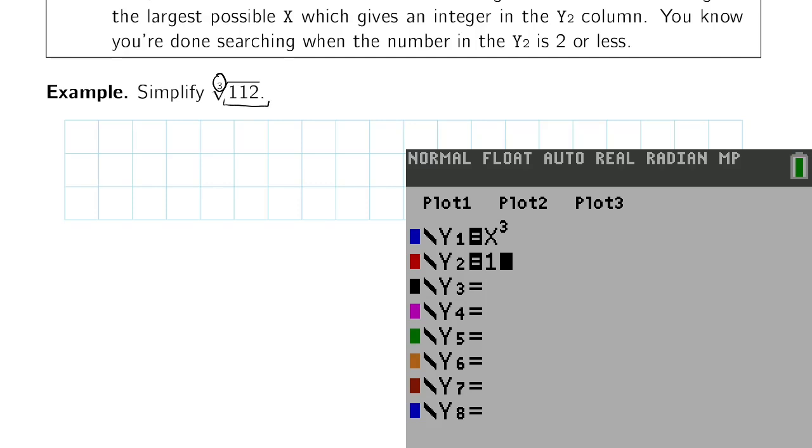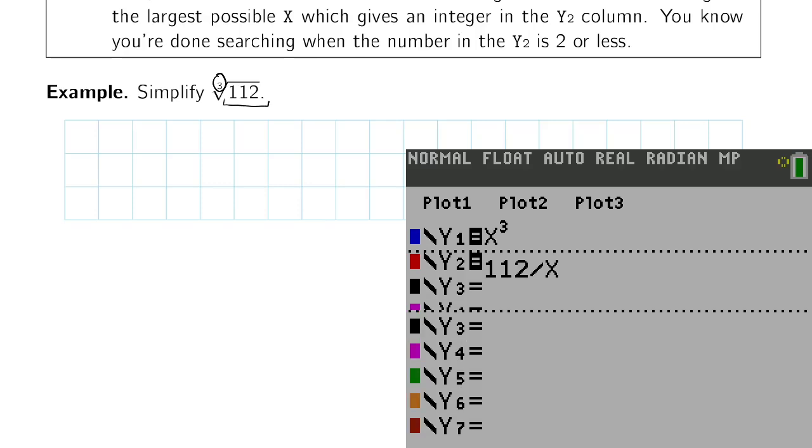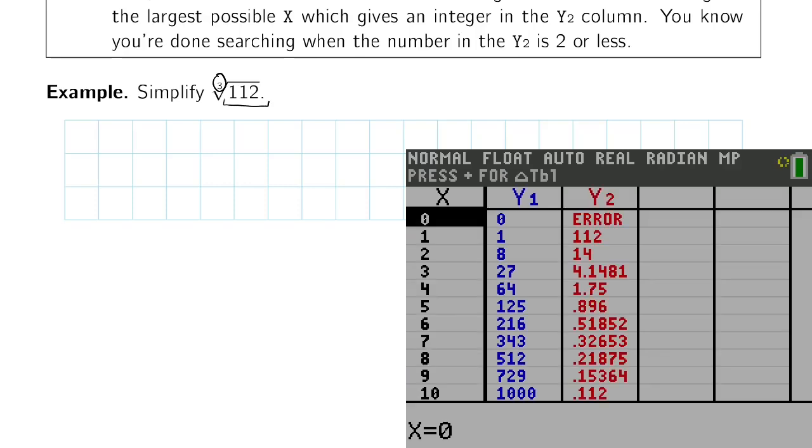So I'm going to take 112 divided by x to the third power. X to the third power doesn't need to be in parentheses here because exponents happen before division automatically. And then I'm going to press second followed by graph to access the table screen.